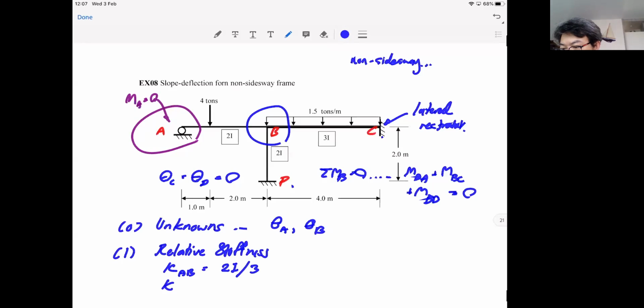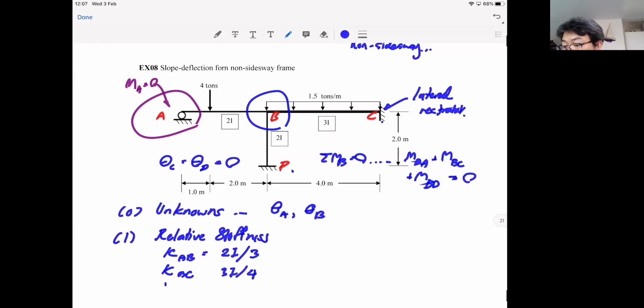KBC is 3I over 4, and then KBD is 2I over 2.